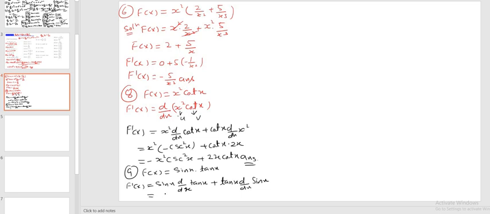Write the values: sin x and d dx of tan x is sec square of x, plus tan x, d dx of sin x is cosine x. This is your answer of question number 9.